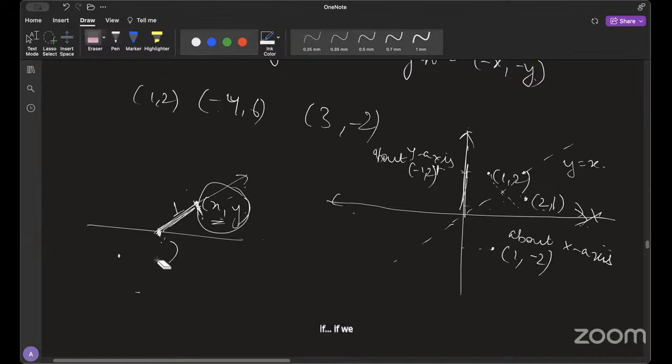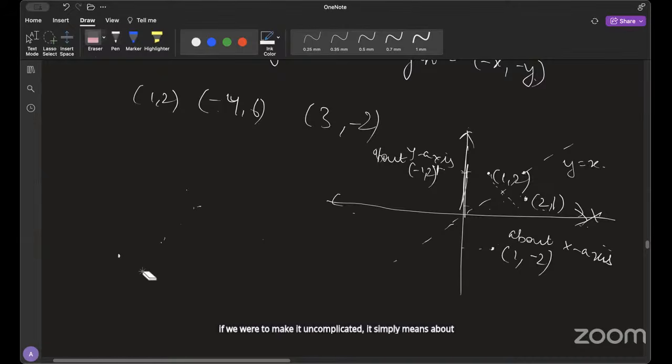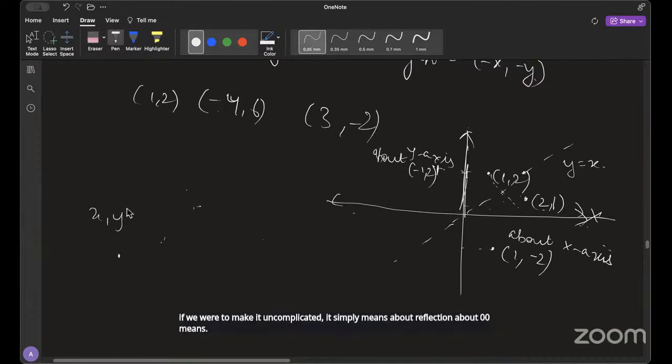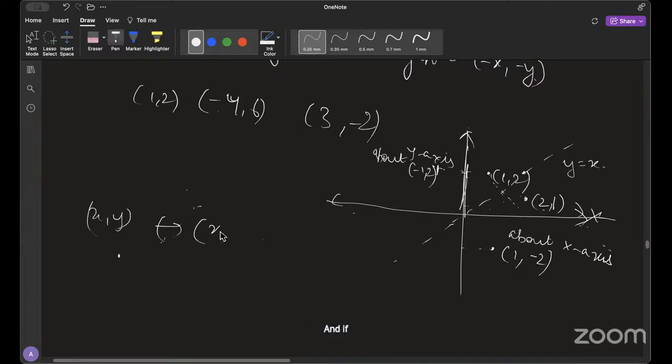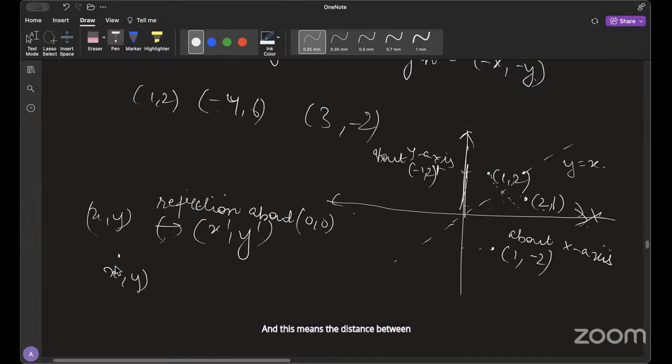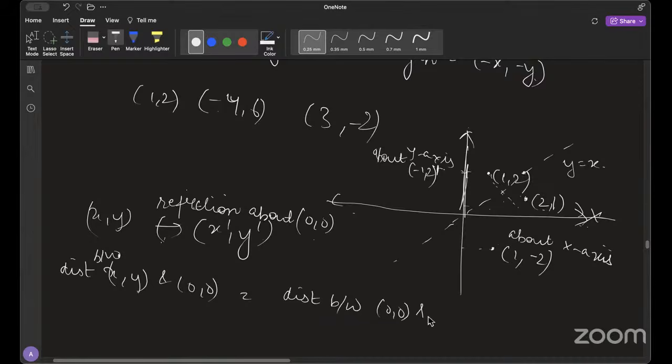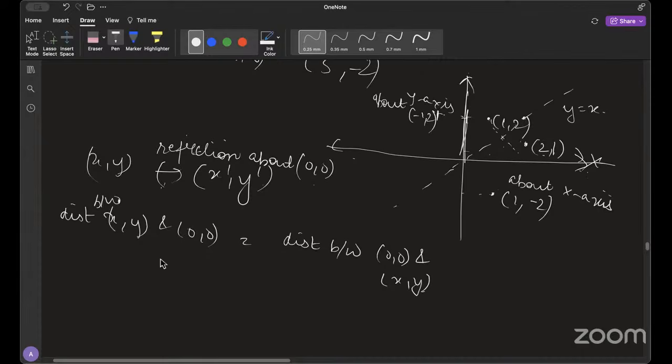To make it uncomplicated, reflection about 0 0 simply means that if x dash y dash is the reflection of x y about 0 0, then the distance between x y and 0 0 should be equal to the distance between 0 0 and x dash y dash. Is that okay?